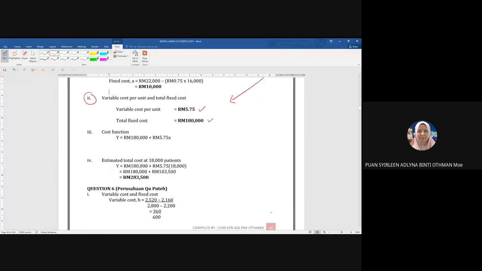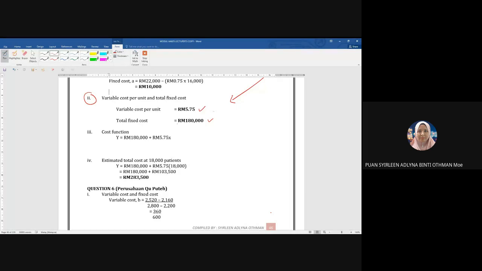We proceed to number 6. Okay, nombor 6 ni a bit tricky sikit ya. Nombor 6 ni kita ada production untuk kupu putih. Dia bagi electrical rate, variable electrical rate per machine hour ni ialah untuk July and August.